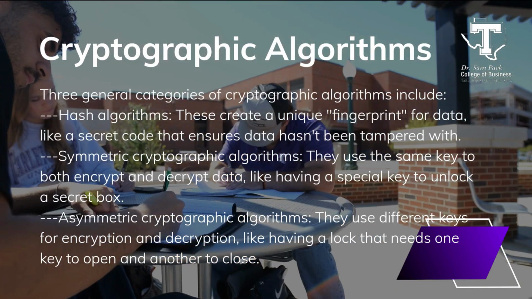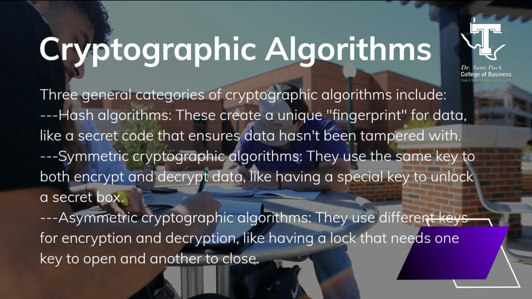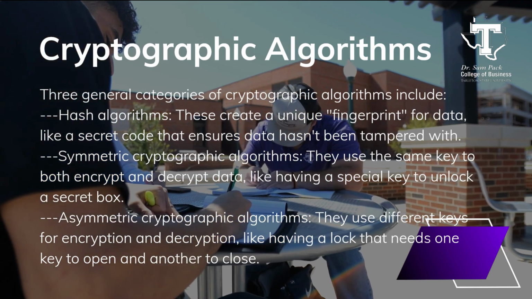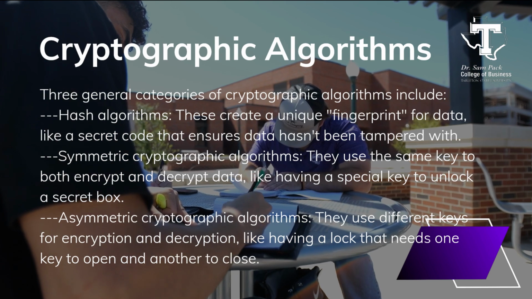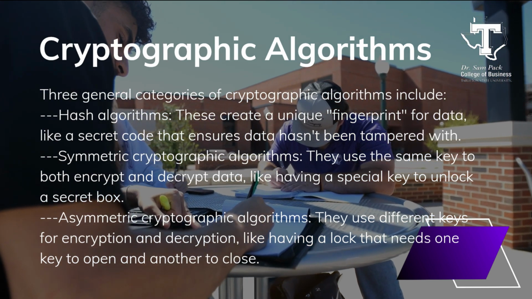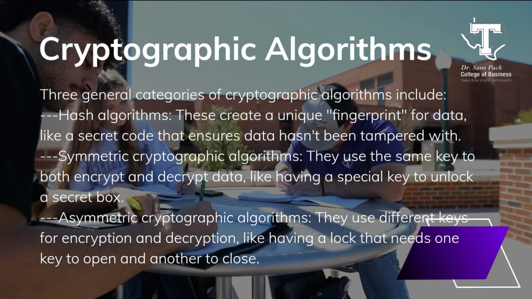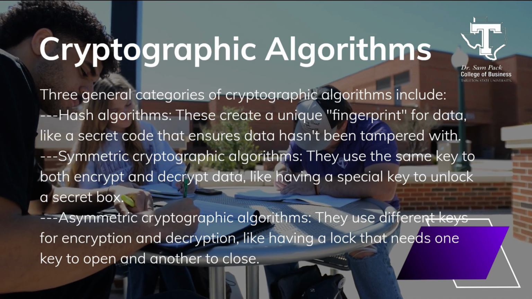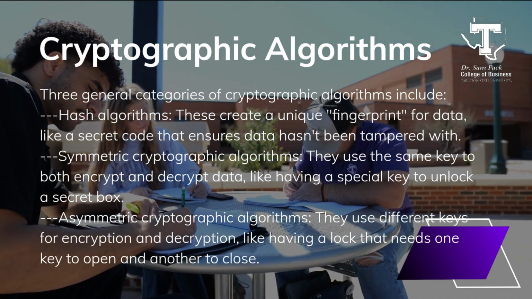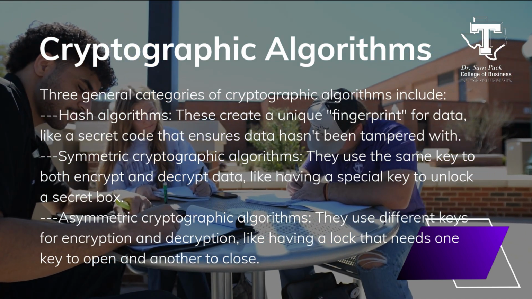And then, there are asymmetric cryptographic algorithms. These use different keys for locking and unlocking, providing an extra layer of security, like having a lock that needs two keys to open. So, whether you're sending messages or protecting your digital files, cryptography acts like a digital superhero, safeguarding your information.